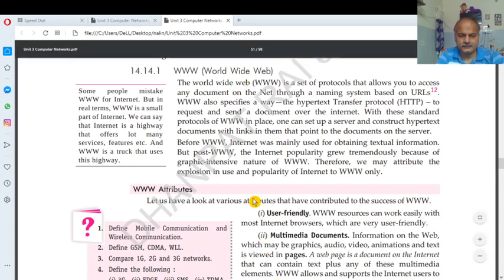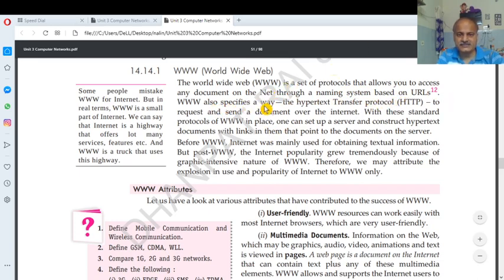Now the World Wide Web. WWW, or the World Wide Web. The World Wide Web, WWW, is a set of protocols that allow you to access any document on the net through a naming system based on the URL.